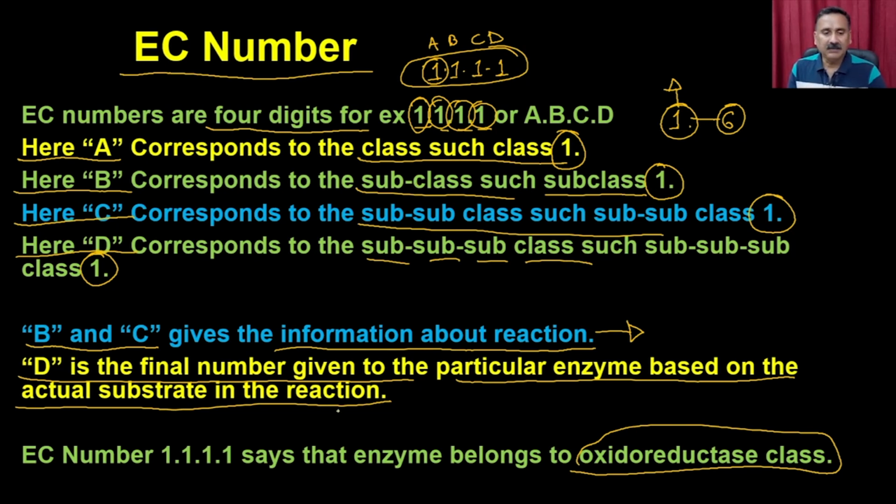That is why the enzyme commission number is a very powerful tool, helping scientists get full information about that particular enzyme.